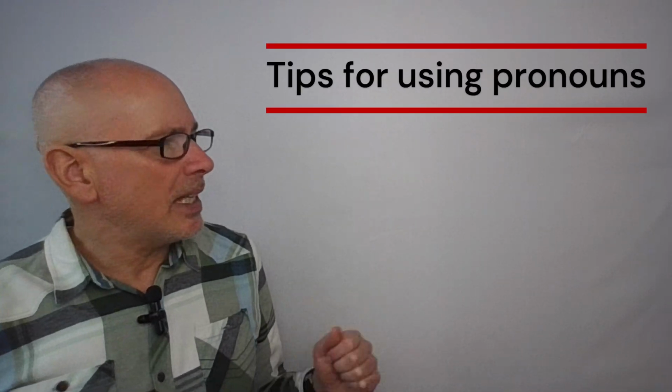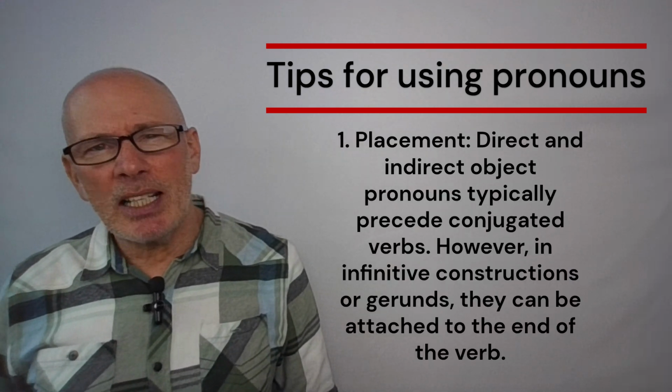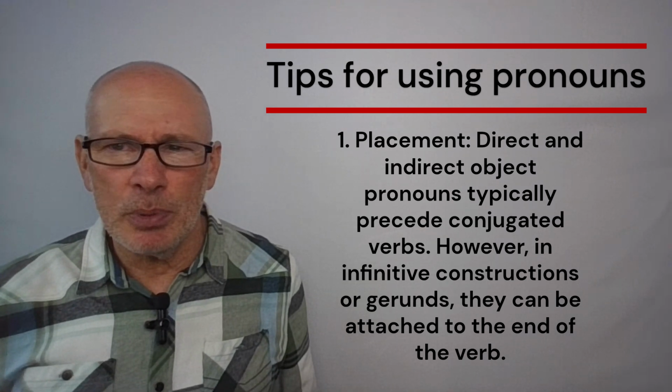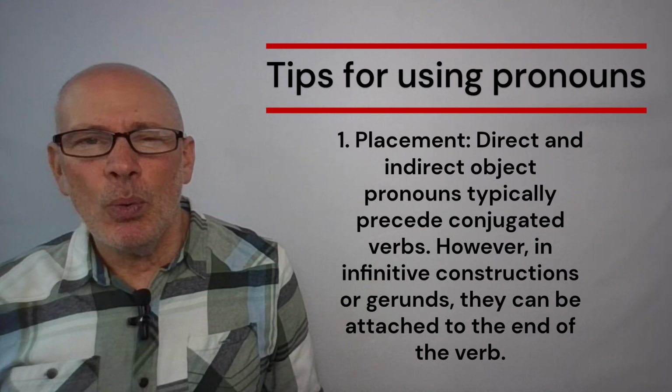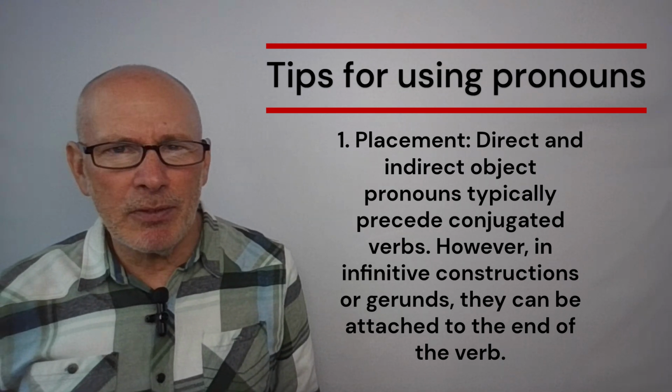Okay, so the tips for using pronouns are, first of all, placement. Typically, direct and indirect object pronouns come before conjugated verbs. However, when you have an infinitive or a gerund, they can be attached to the end of the verb.